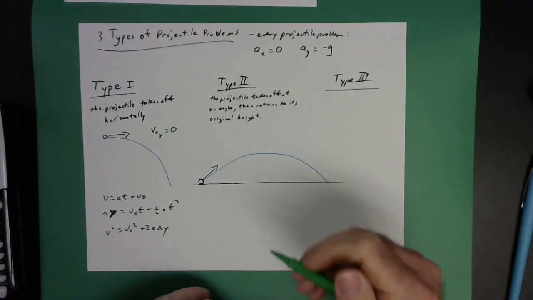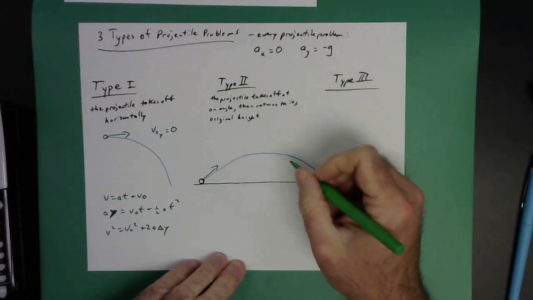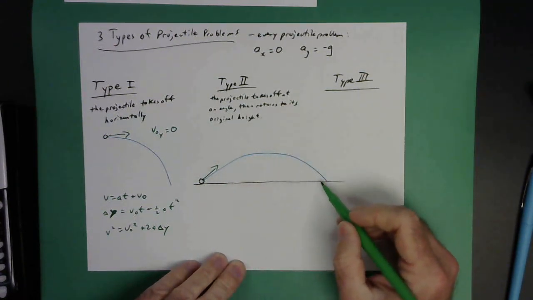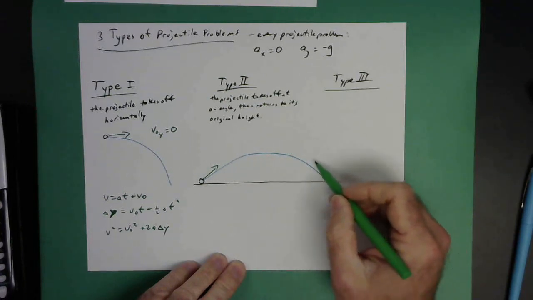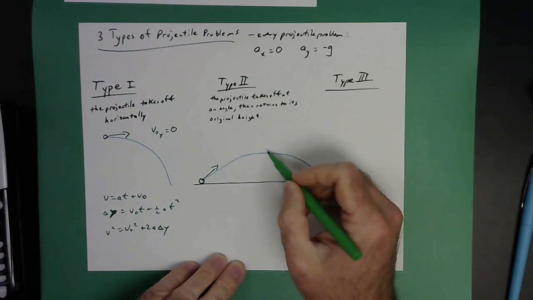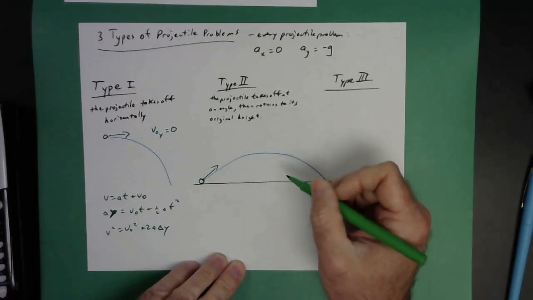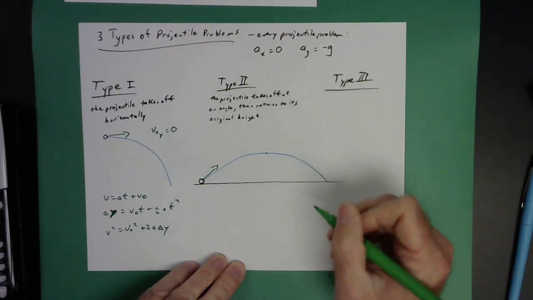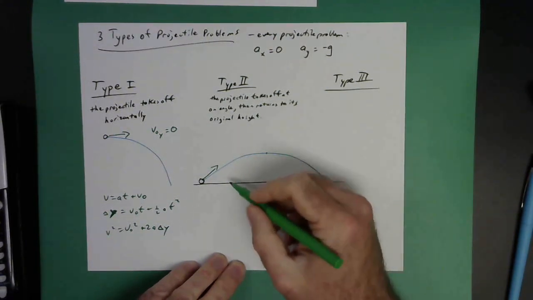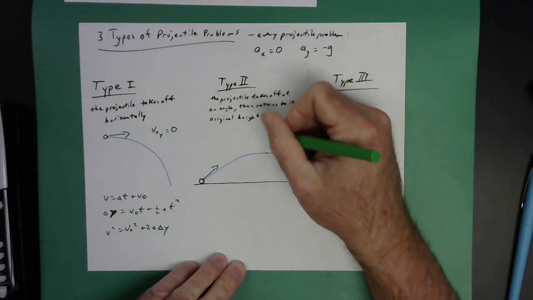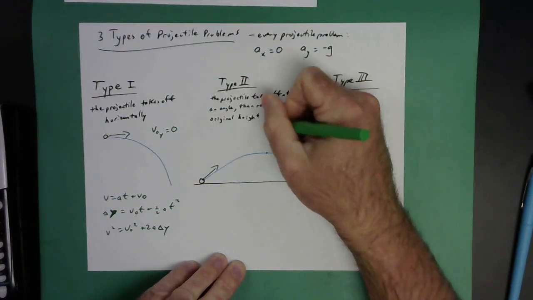First of all, a spot on this motion that people oftentimes have questions about is the highest point in the path, the peak. A lot of times people want to know information about the peak. So there's a bunch of special things we know about the peak.